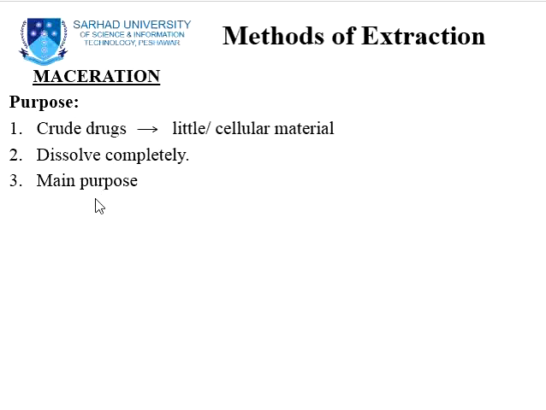So we can say the main purpose of this method is to just soak the crude drug in a menstruum, and the extractant is ready to use. So it is the simplest method amongst all the extraction methods.